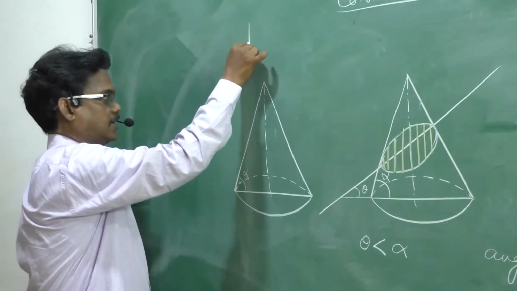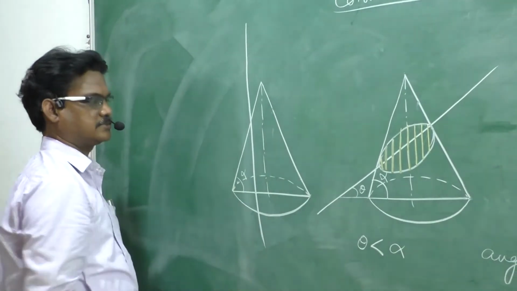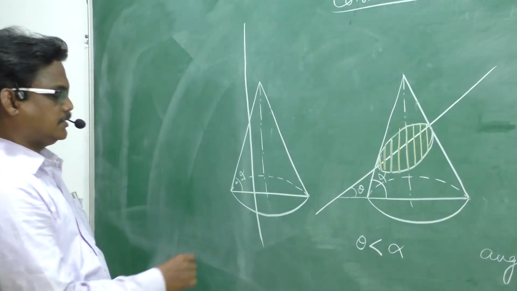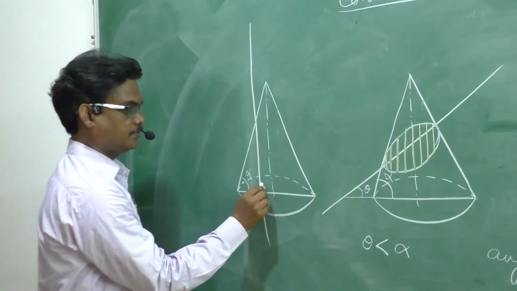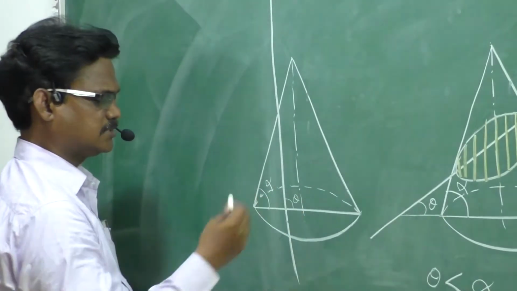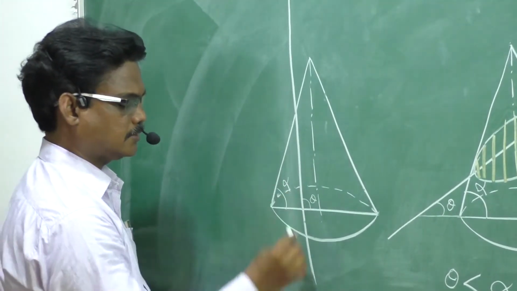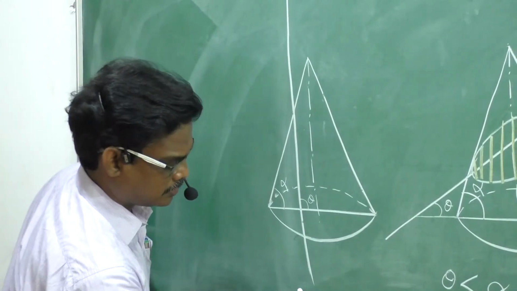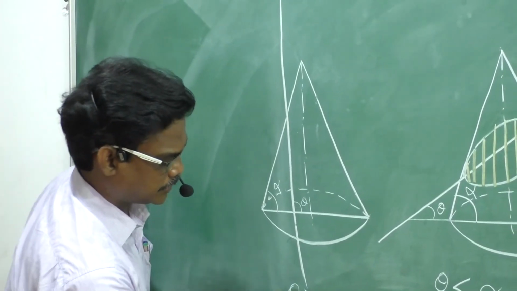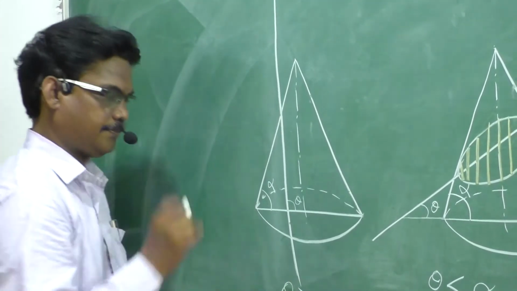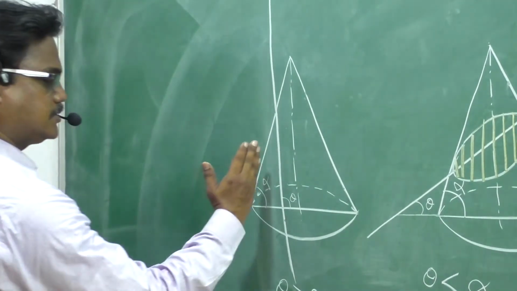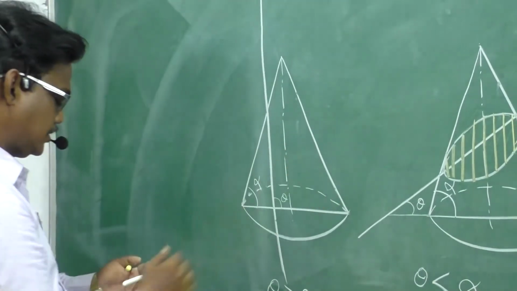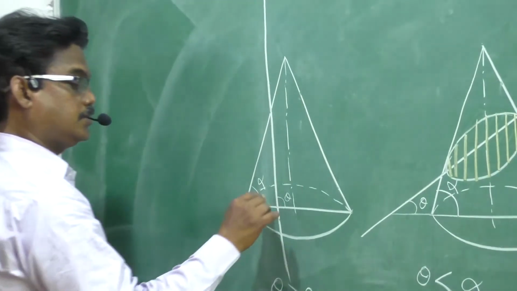For that, I consider a section plane like this. This theta we consider as 90, but we can show theta is greater than alpha. This is the removed portion, this is the retained portion.